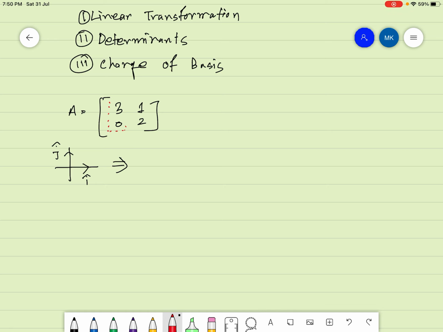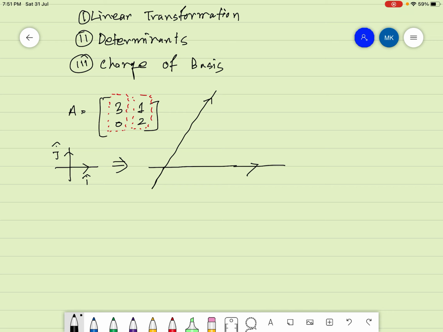the x-axis or the i cap would be stretched by 3 times, and the j cap would be landing on 1 2, so it would be something like this.